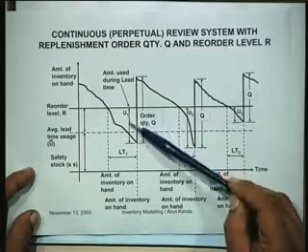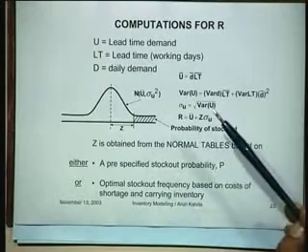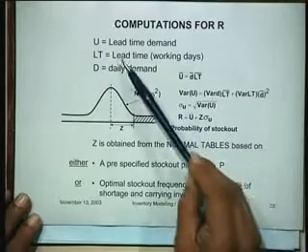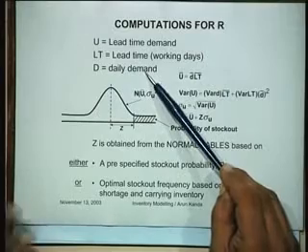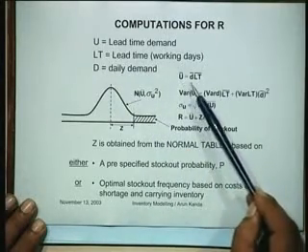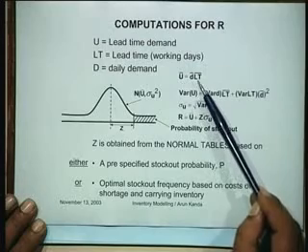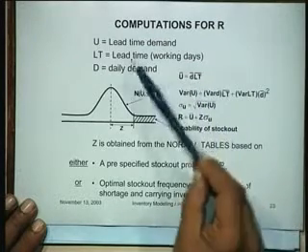So we are very much concerned about this lead time demand, and we are trying to estimate this. LT is the lead time in working days, and D is the daily demand that you have. So the total lead time demand will be the product of the daily demand multiplied by the lead time, so D into LT, on average. We say average because these are all random numbers.